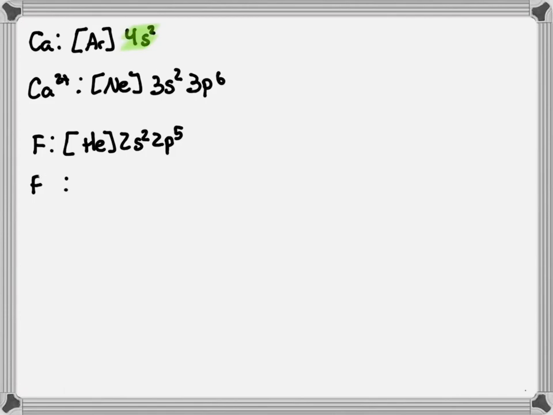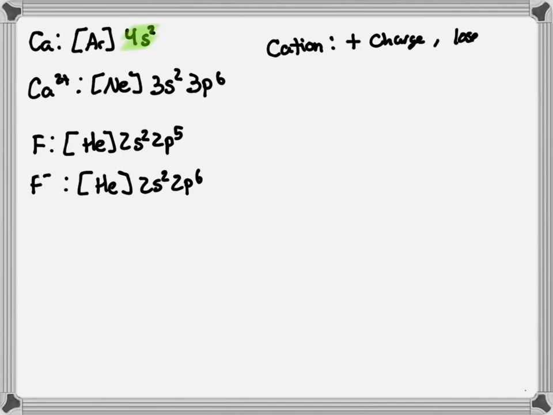So we're going to get helium, and then 2s2 2p6 because I've added an electron. So cation is a positive charge, lose electrons. Anion, negative charge, gain electrons.